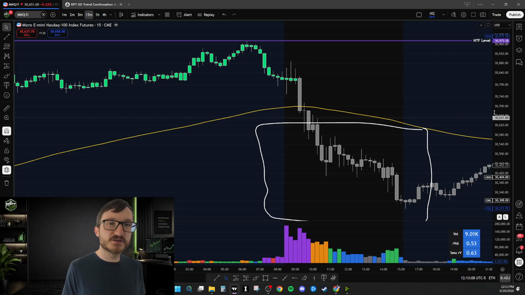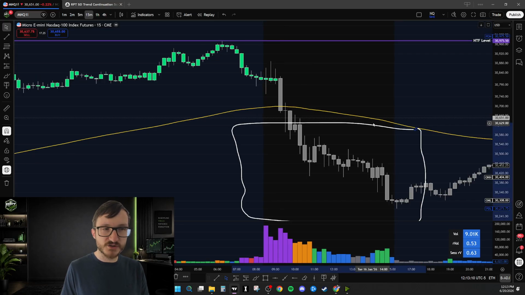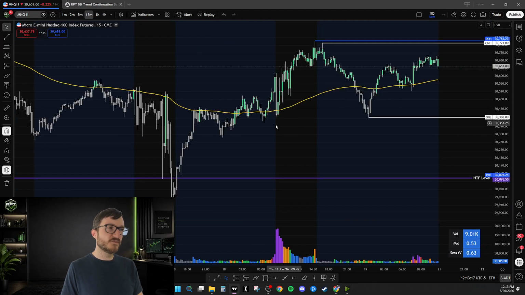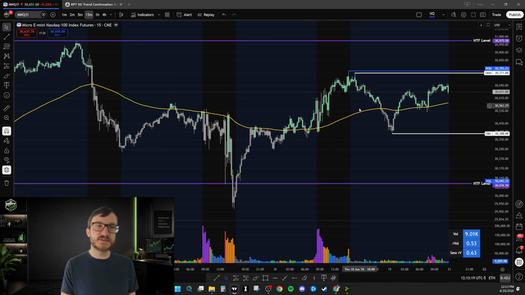And again, the candles are doing the work for me. The candles are gray. I should be looking for shorts. Okay? Now, obviously we want a strong slope to the EMA.